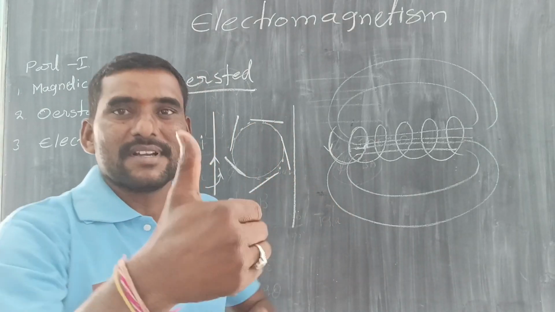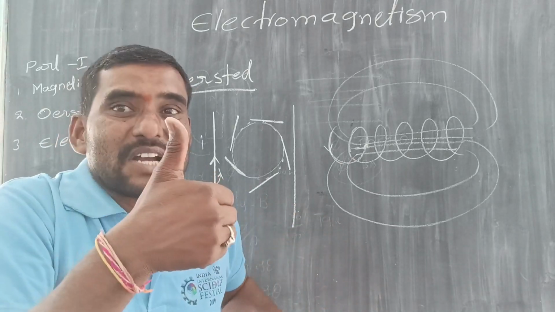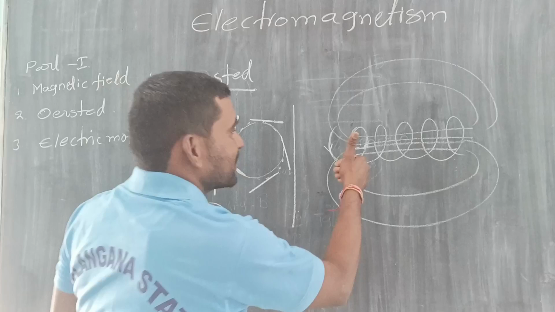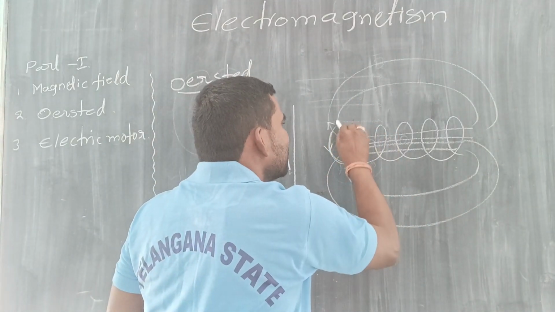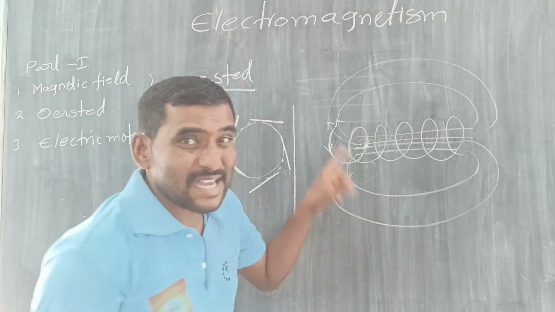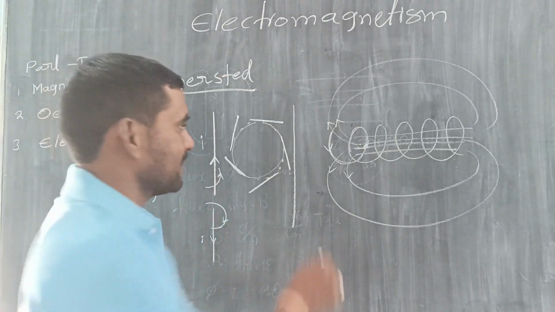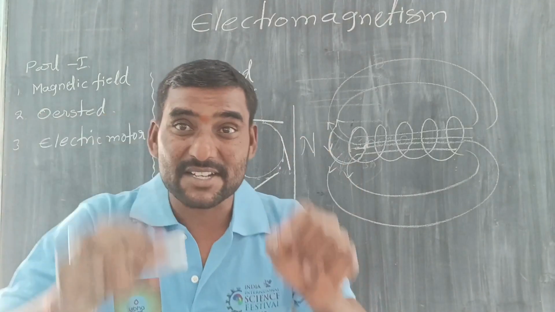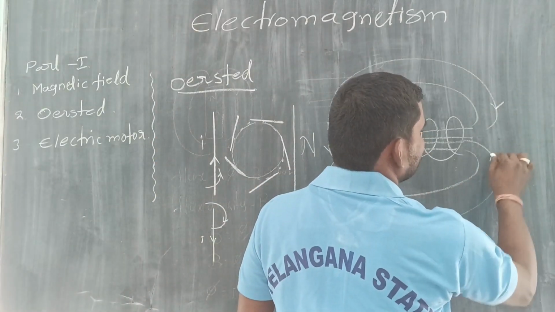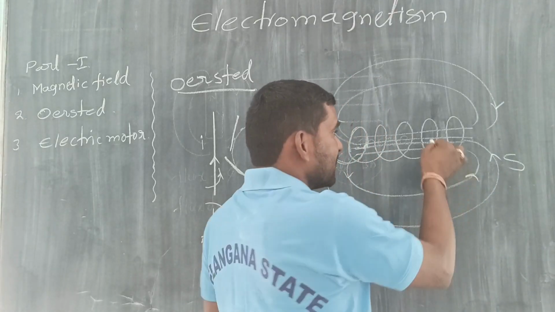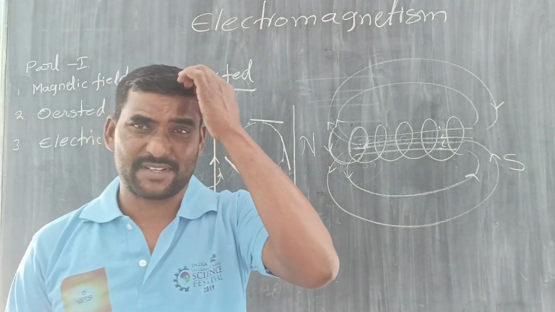See, using the right hand rule: when current is upward, the magnetic field is anti-clockwise; when current is anti-clockwise, the magnetic field is upward. So the magnetic field is coming out, and that is the north pole. From north, magnetic field lines come out. When there is an anti-clockwise current, the north pole will form. The other side is the south pole. So this is a very important experiment, very easy once you read carefully.